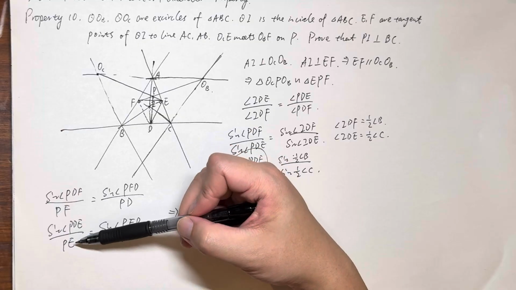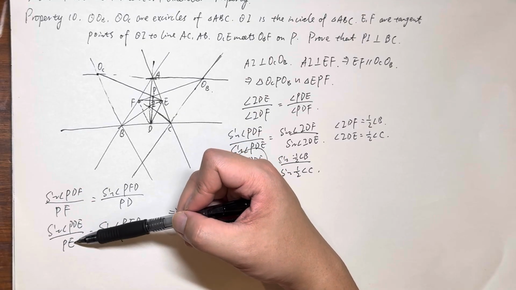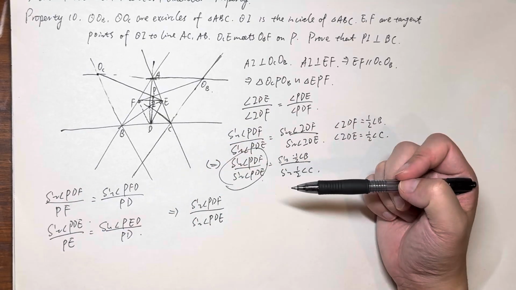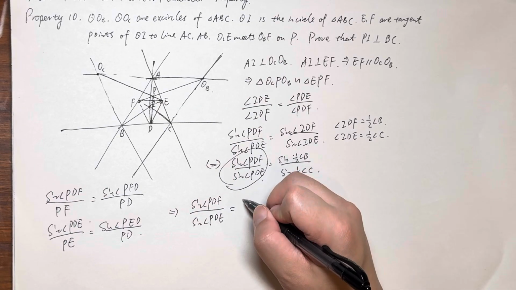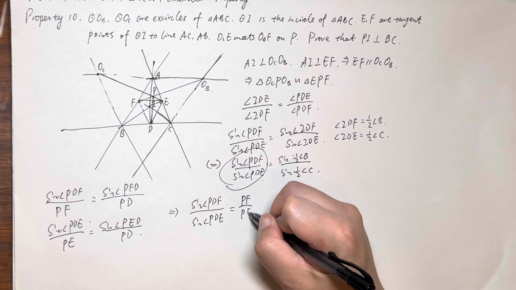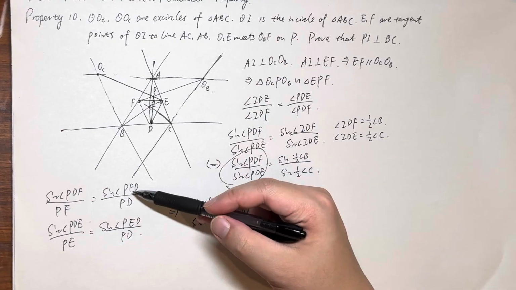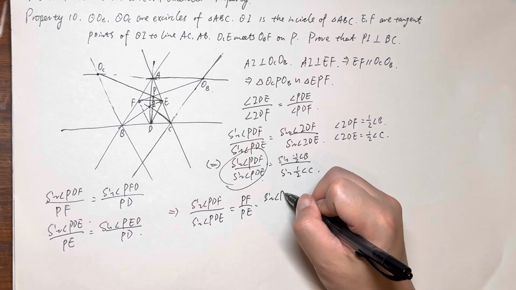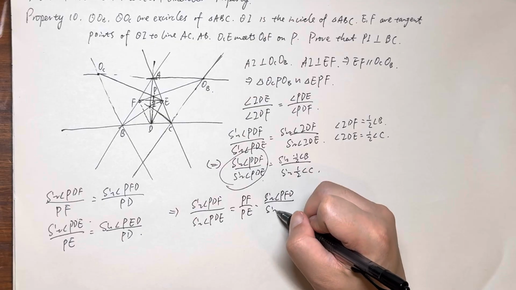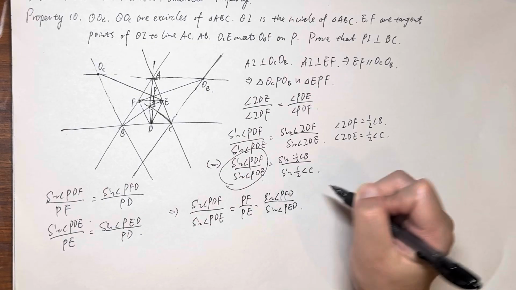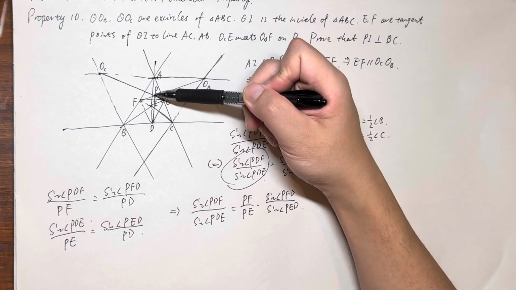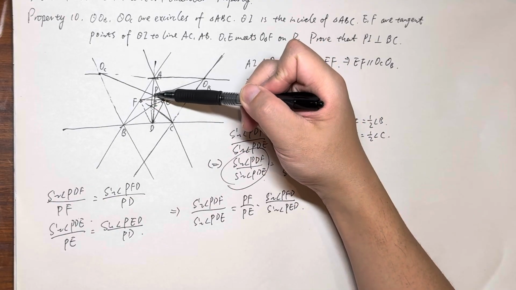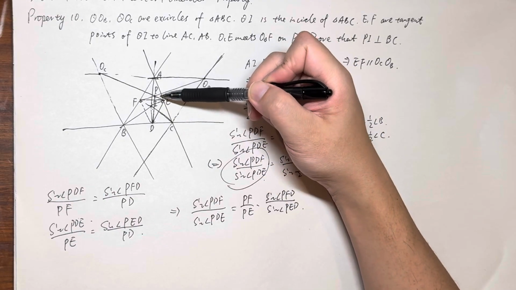Because it's divided, so we have the PE to PF on the left side, so we move it on the right side of the equation, then it becomes PF to PE, right? Times this one to this one, sine angle PFD to sine angle PED. What is PF? This is PF, and this is PE, right?